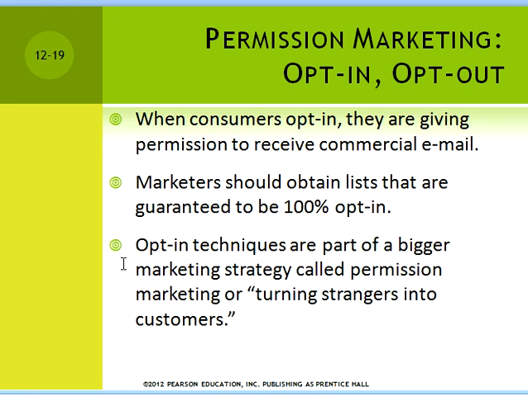Permission-based marketing, as we mentioned before, is something in which you create your own list of people who would like to get information about your products or services.